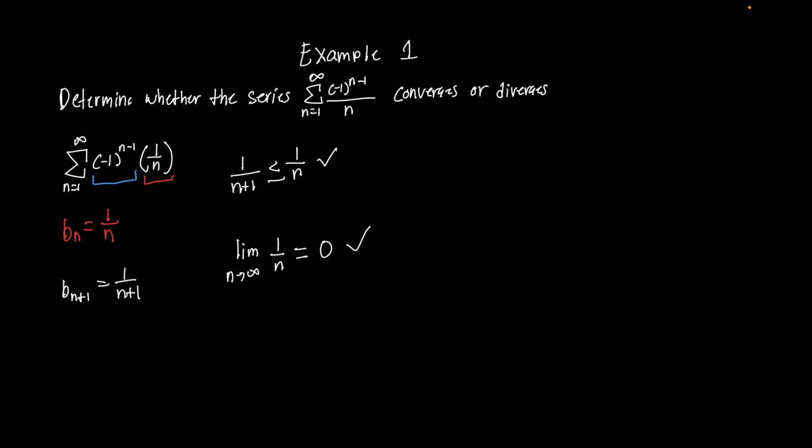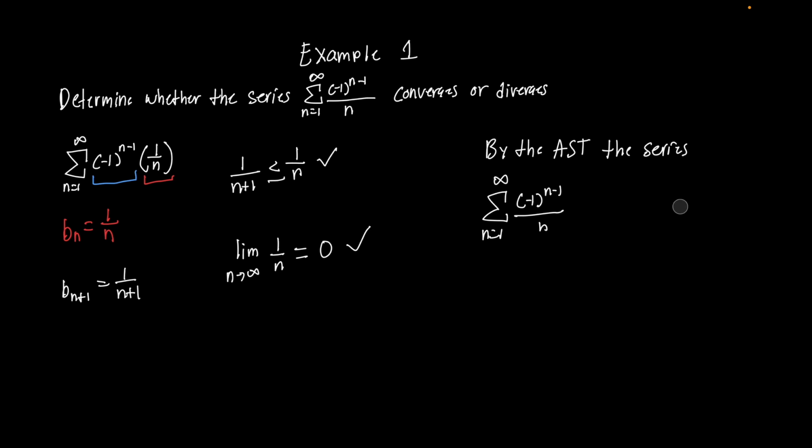We showed that the limit approaches 0, so we can say, and I'm going to write AST for alternating series test because I'm lazy, that by the alternating series test, the series over n converges.